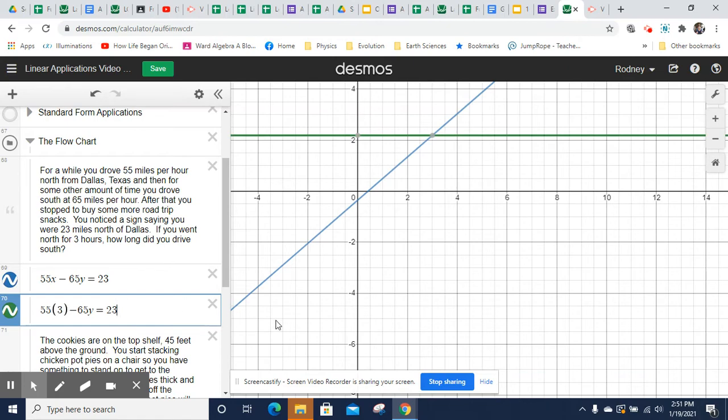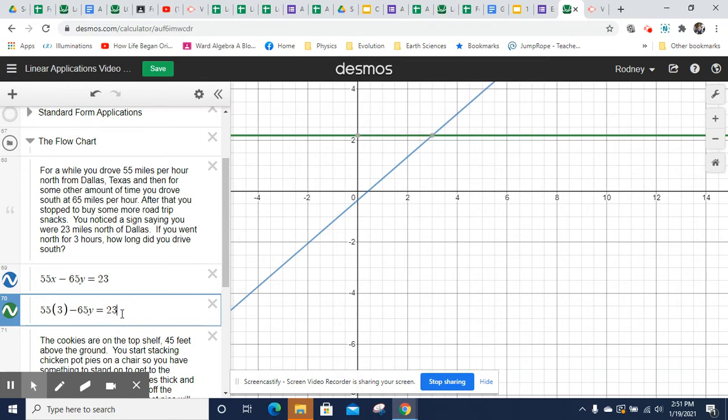Oh, well, actually, maybe that'll work. Okay, so let's see. We've got some information here. So if you went 55 miles per hour for 3 hours, and you went 65 miles per hour south, how long did you do that? Well, in fact, you did that for 2.185 hours.